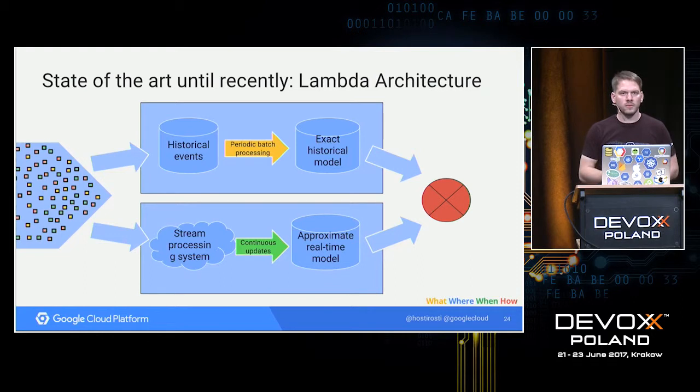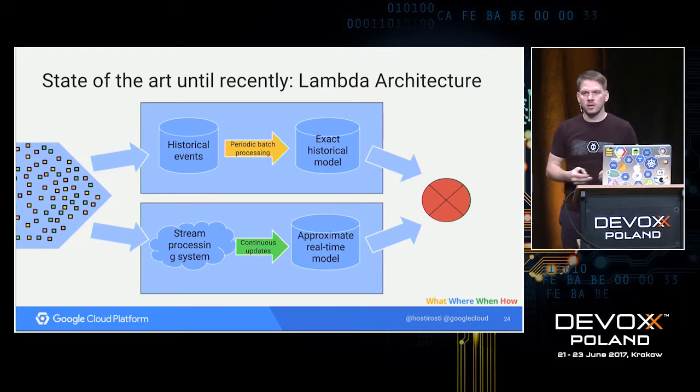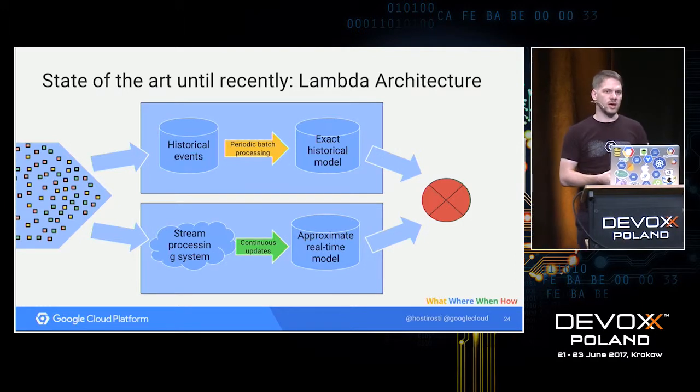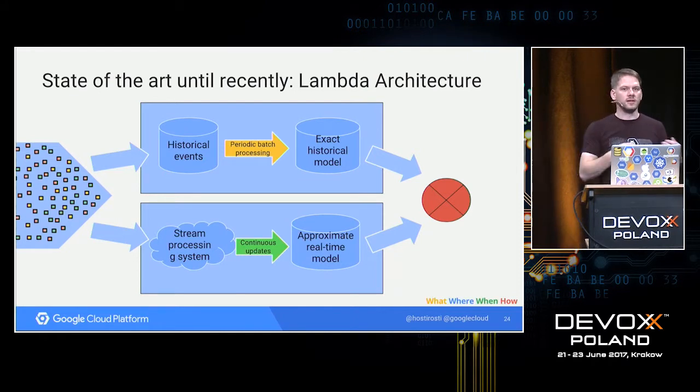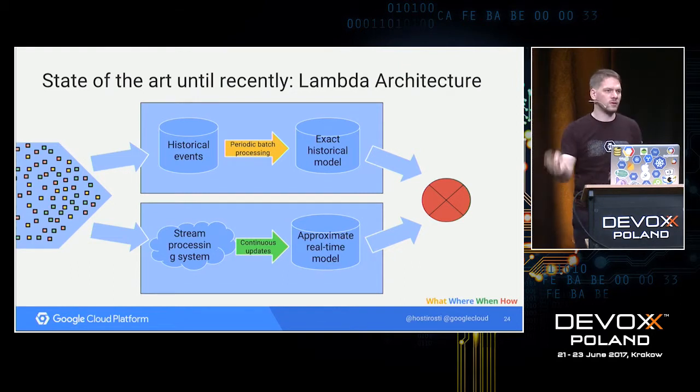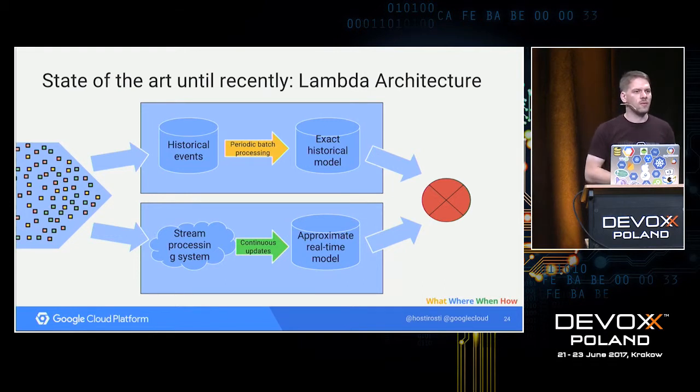Now, the challenge with this approach is that you have different systems that you have to maintain. You have your Hadoop system at the top, for instance, and you need experts to maintain the system and keep it running, right? And then you have your streaming pipeline system with Flink or Spark Streaming or things like that, which also has to be kept running, and again you need experts.